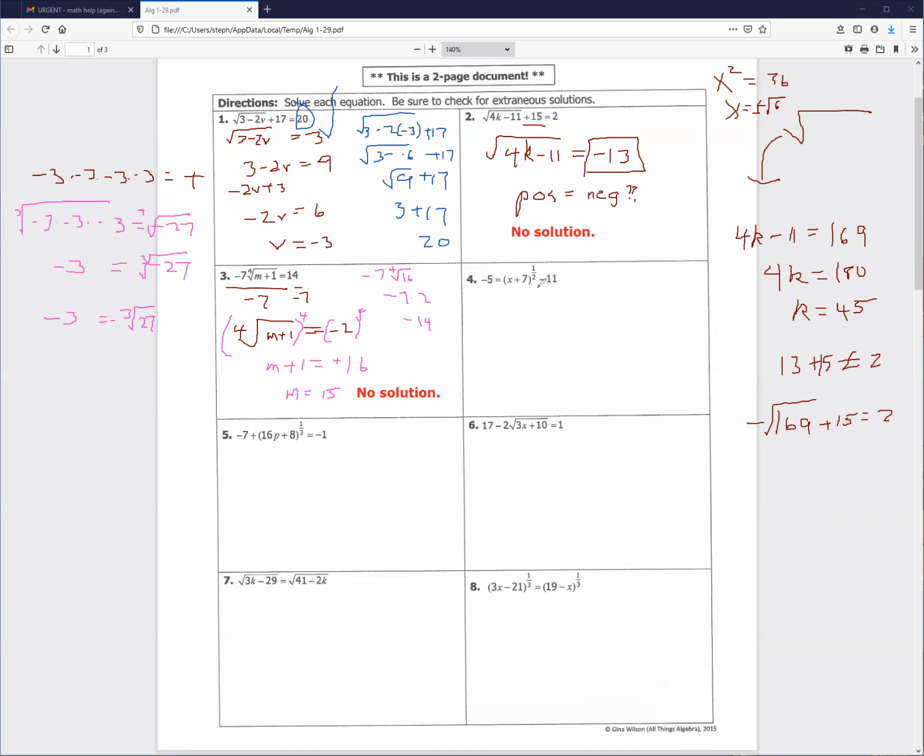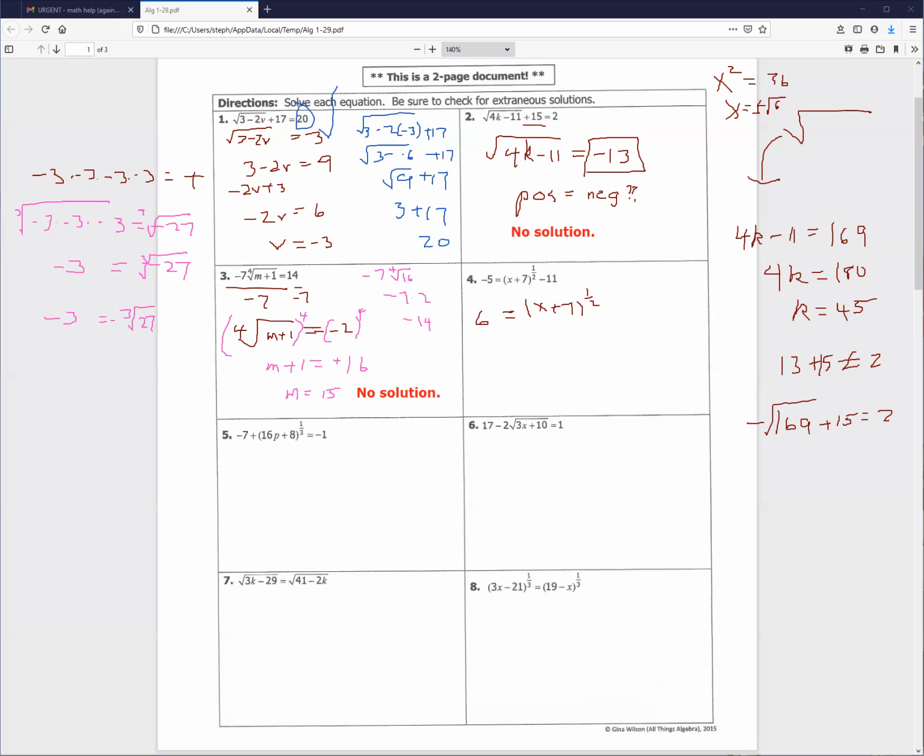So number 4, the x is on the right side, so we will get this negative 11 away from the right side. x plus 7 to the 1/2 is equal to, add 11 to both sides, we get 6. All right, so this is different, or is it? What does it mean to be to the 1/2 power?